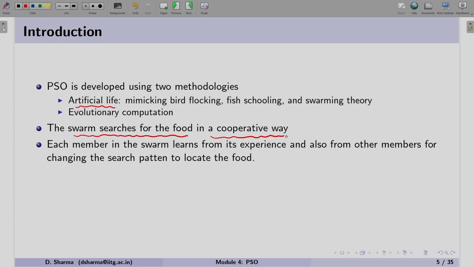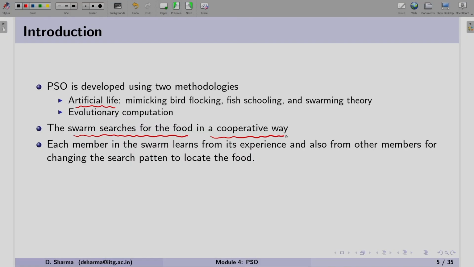We might have observed that when a lot of birds are flying in the sky, they are moving in one direction. As soon as any bird sees food, the rest of the birds also follow this particular bird when searching for the food. The same concept is borrowed and particle swarm optimization is developed.